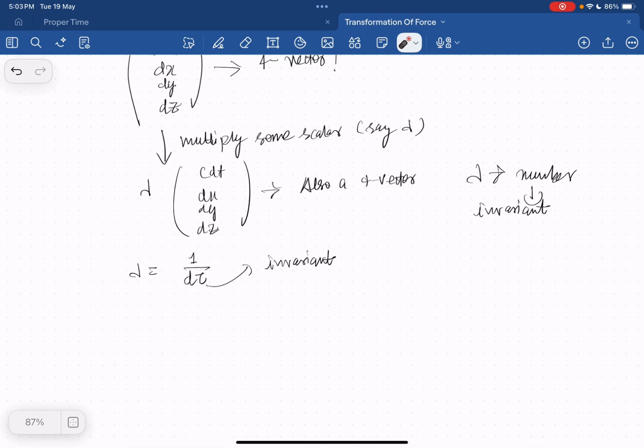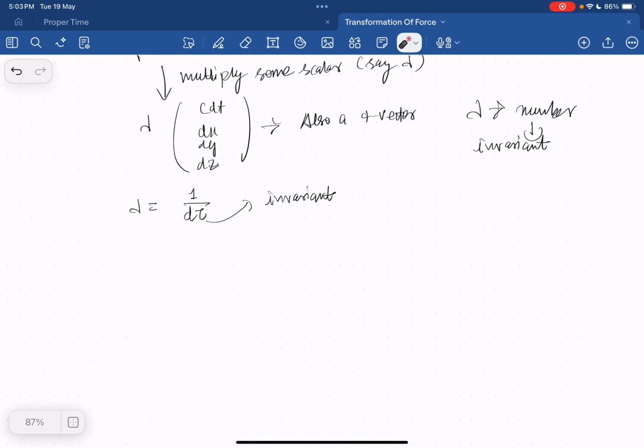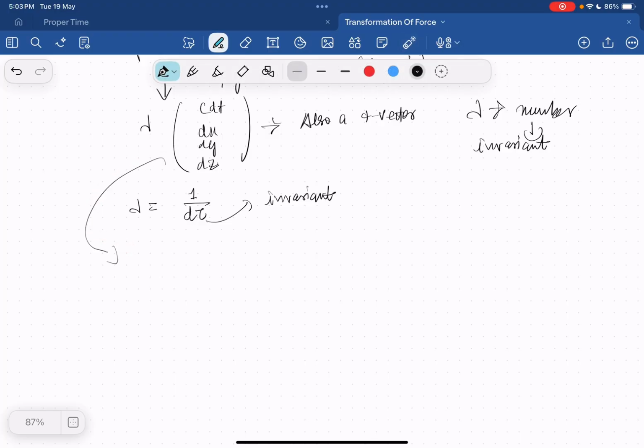So this is a valid scalar that we can multiply to this four vector. This makes it c dt by d tau, dx by d tau, dy by d tau and dz by d tau.